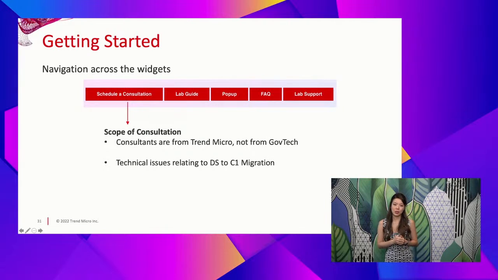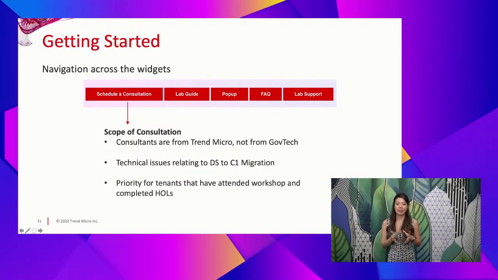If you have questions about pricing, commercials, licensing, we will connect you with our sales experts. And lastly, we're giving priority to tenants who have completed this hands-on lab. That's why earlier I suggested that you do the hands-on lab first. If you still have additional questions after going through the hands-on lab, then definitely schedule a chat with us.